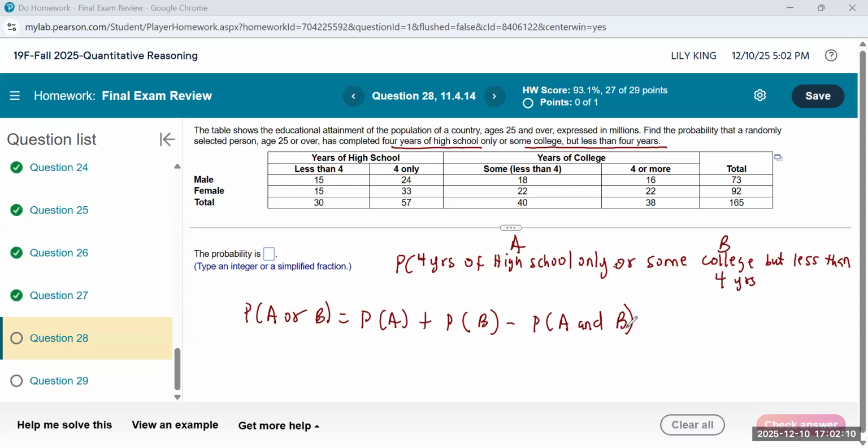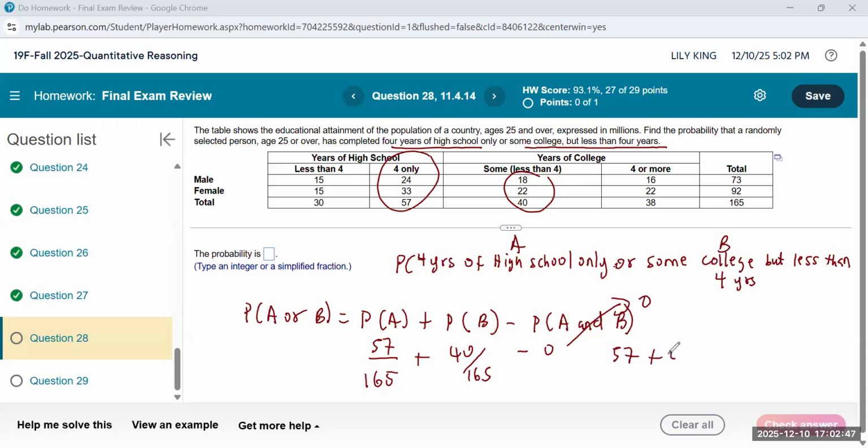And this is a mutually exclusive event. Okay, both events cannot occur at the same time. So this part will definitely be 0. The overlapping piece will be 0. So probability of 4 years of high school only, I'm looking at 57 over 165, and then plus some college but less than 4 years, we're looking at 40 over 165, and there is no overlapping piece, so that part goes to 0.